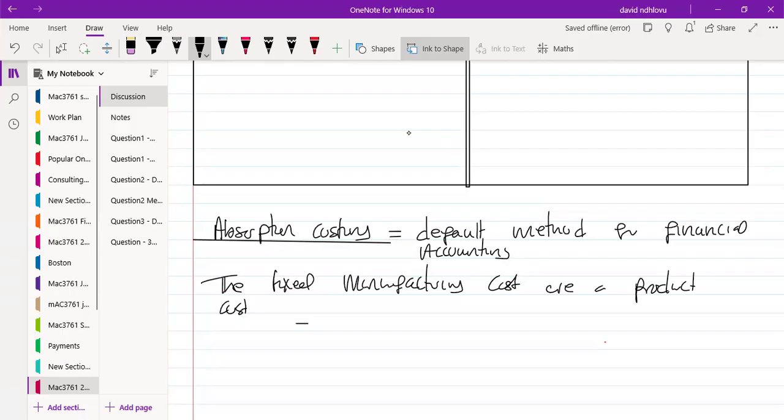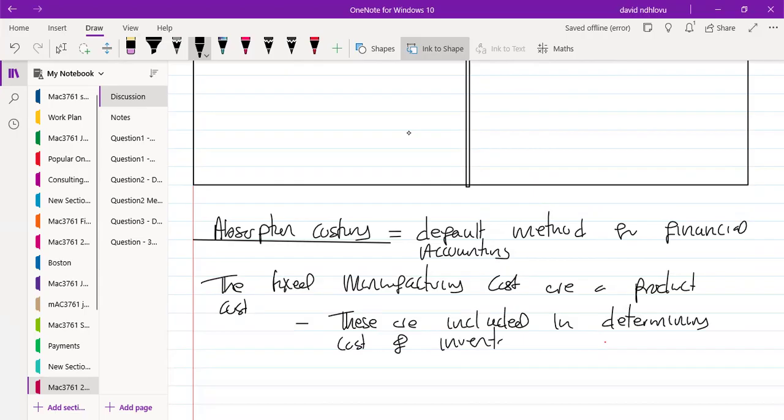Meaning that these are included in determining cost of inventory. So whenever you calculate inventory cost, you include the fixed manufacturing cost.